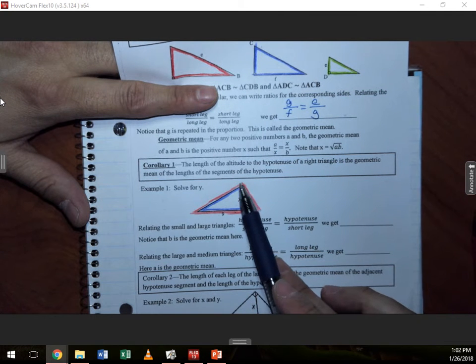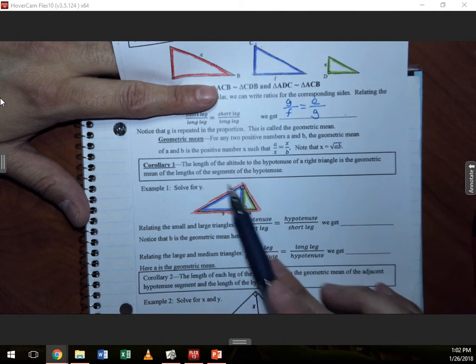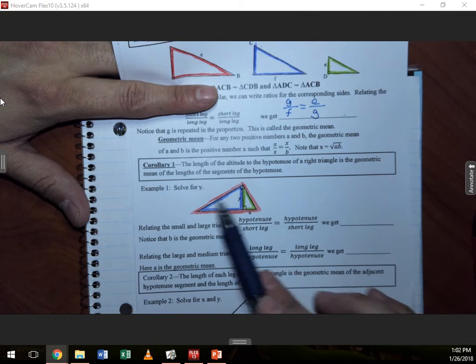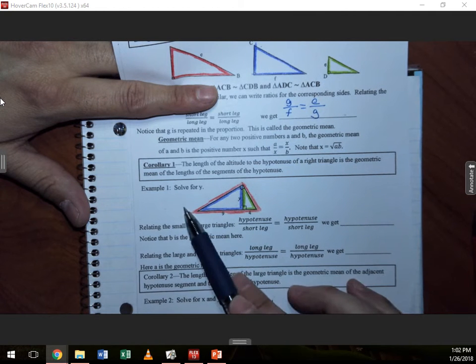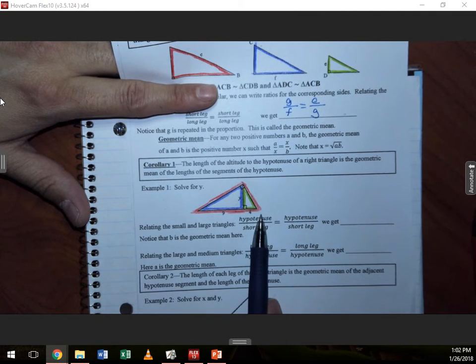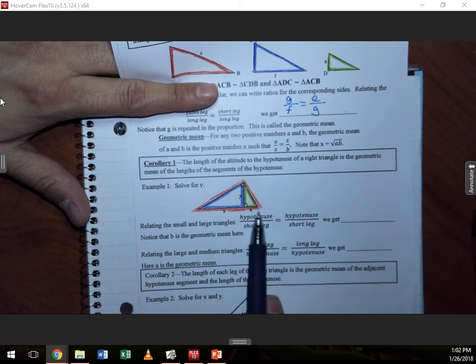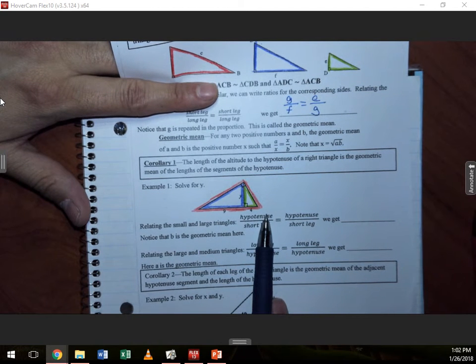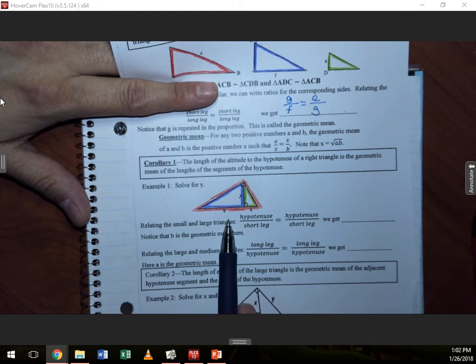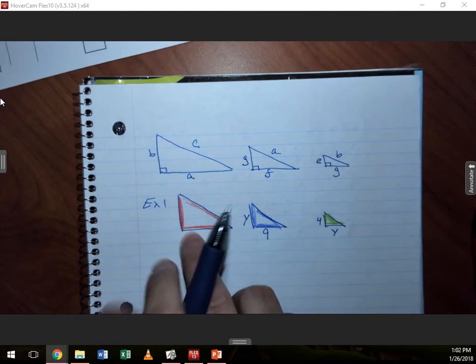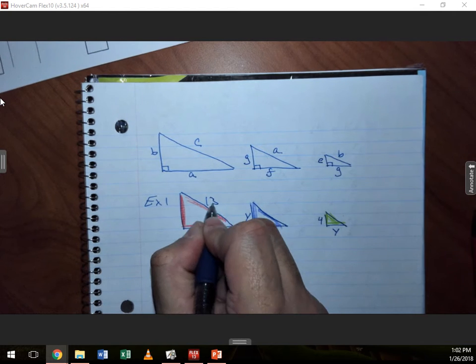Do I know the long leg? Nothing. So short leg has nothing. Long leg has nothing. What about hypotenuse? 13. Very good. So the hypotenuse is 13, isn't it? So in my drawing over here, I'm going to just put 13.